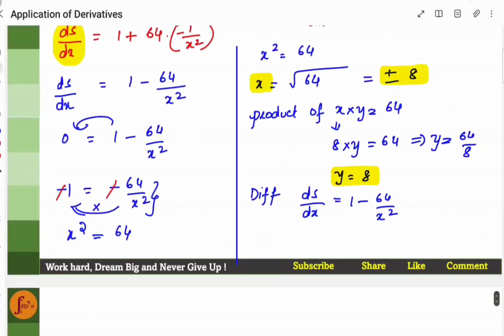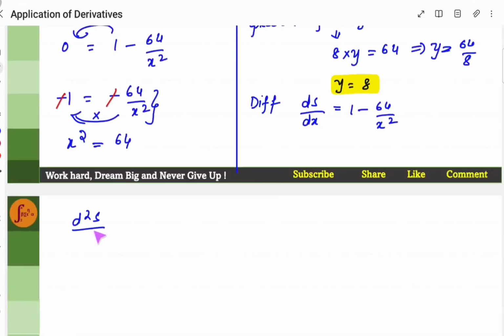If I differentiate this again, I'll get d square s by dx square is equal to derivative of 1 is 0, minus 64. Derivative of x square, I can write it as x to the power minus 2. When I shift x on top, here it's plus 2, it will become minus 2. It will become minus 64 into x to the power minus 2.